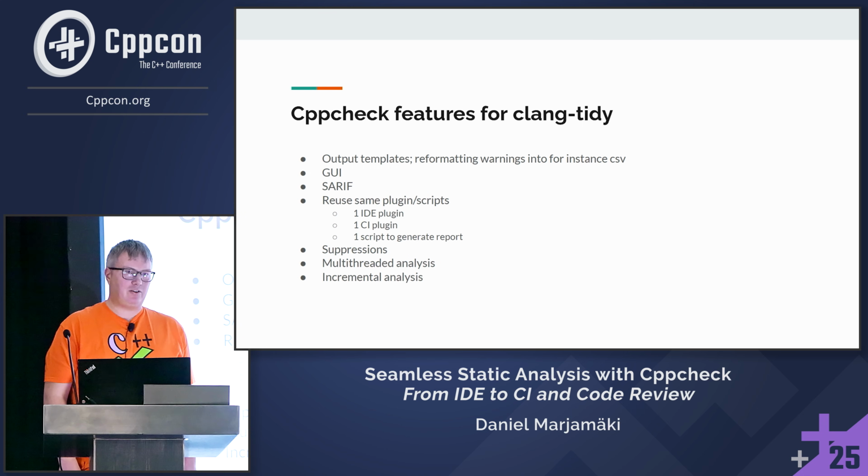And I want to mention that there are scripts that generate SARIF output for clang-tidy output already anyway, but this means you don't have to use another script. And you can reuse one plugin or script for both cppcheck and clang-tidy. You can use one IDE plugin, one CI plugin, and one script to generate reports. And then I think that suppressions in cppcheck are quite useful also, and you can use every suppression format with clang-tidy also. It works.